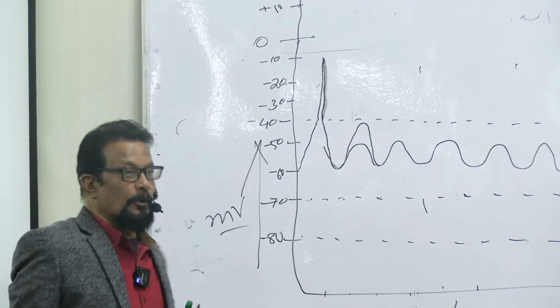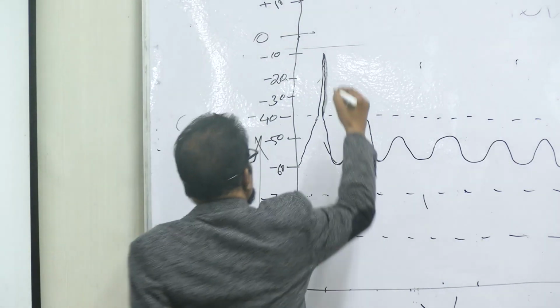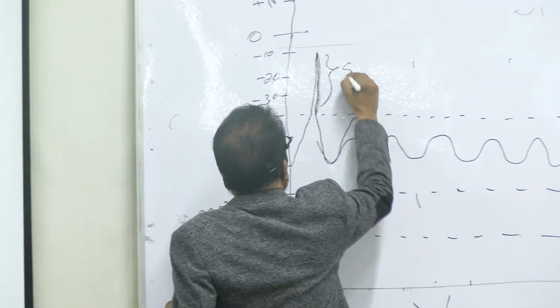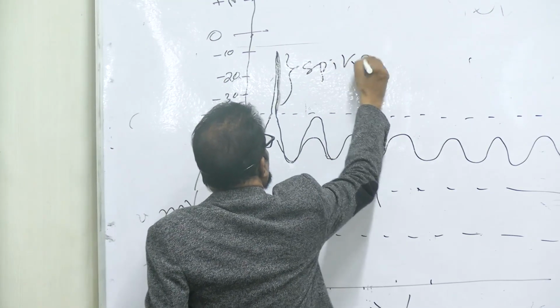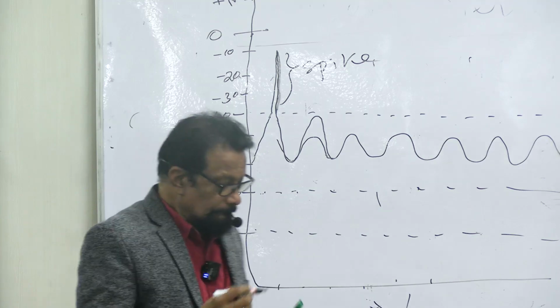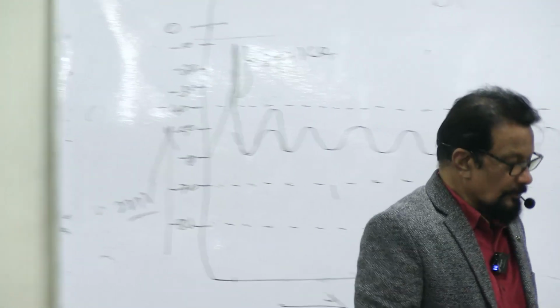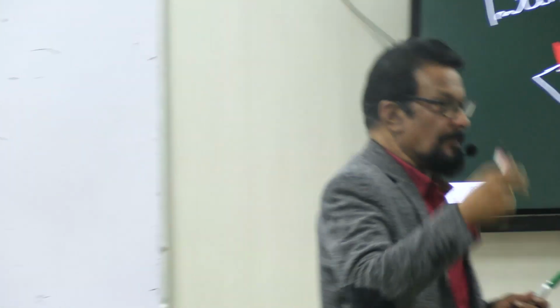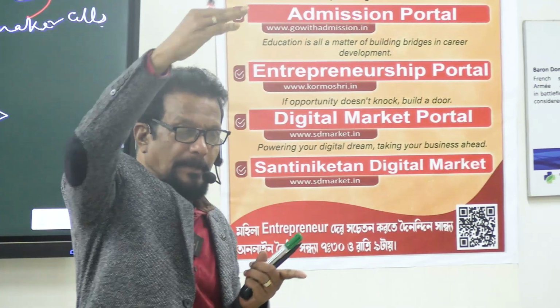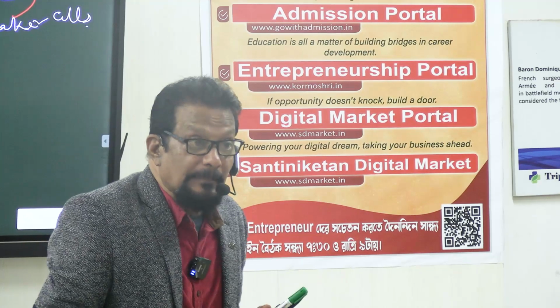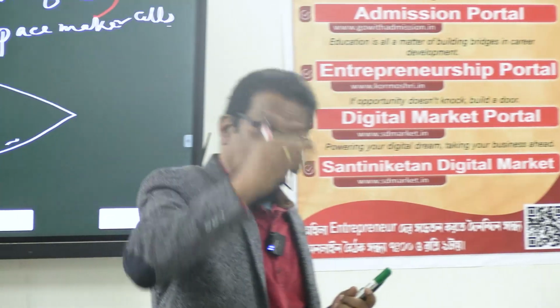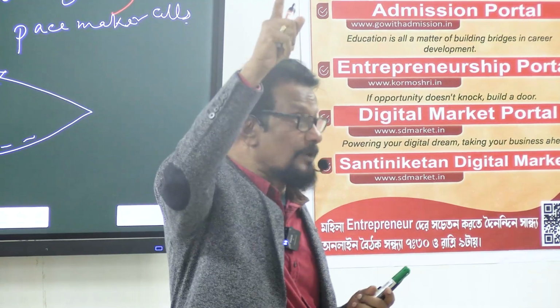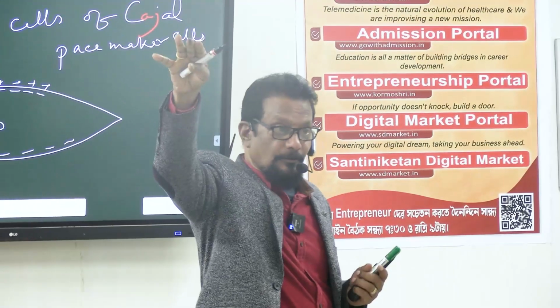A spike will be produced, because of rapid influx of calcium ion. Voltage across the membrane will be changed. It will become less and less negative, and it will proceed towards zero, but it will not reach zero level.